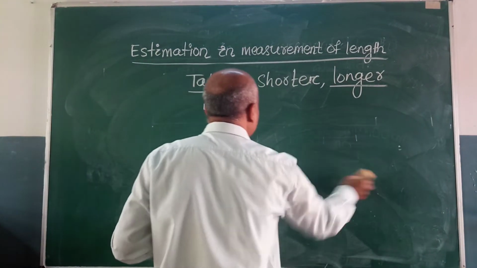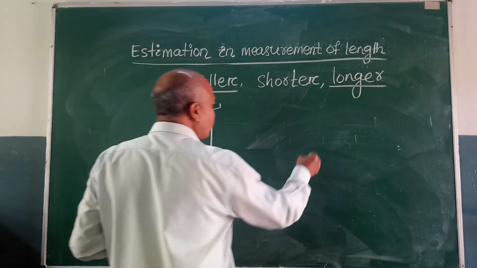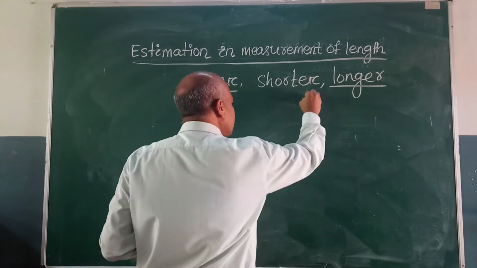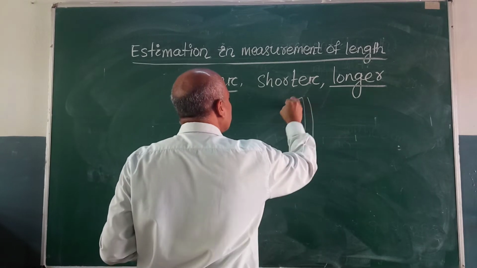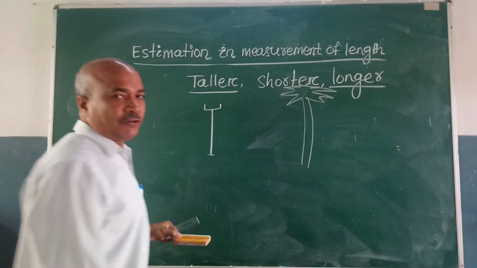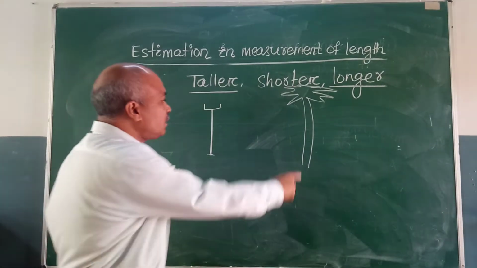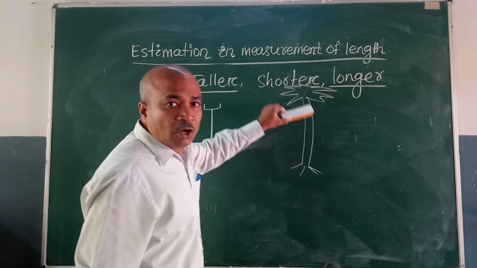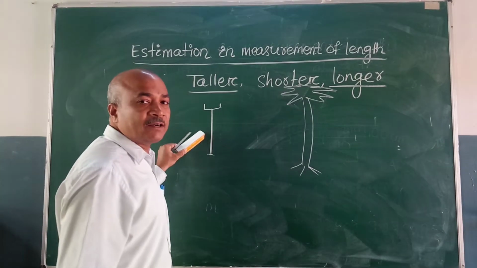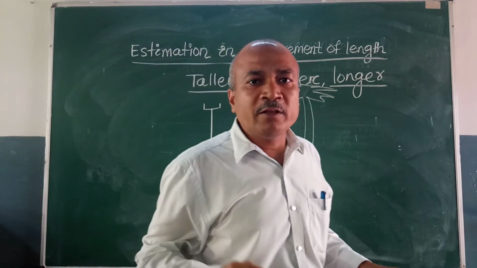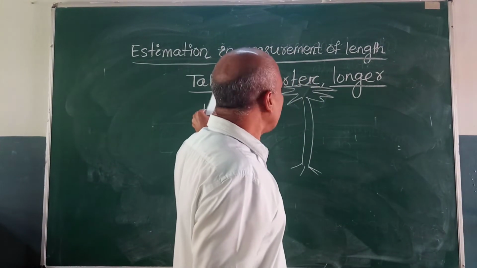Now suppose this electric pole is compared with a coconut tree. Now this coconut tree is taller than this electric pole. So when you are taking the height, there you can use the word taller.